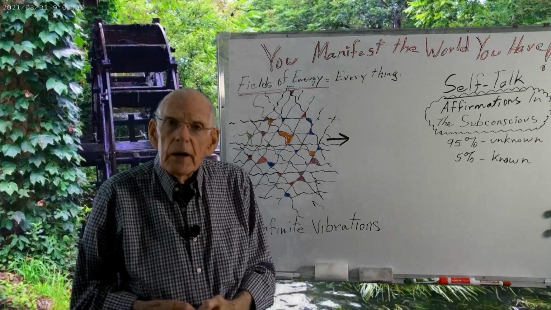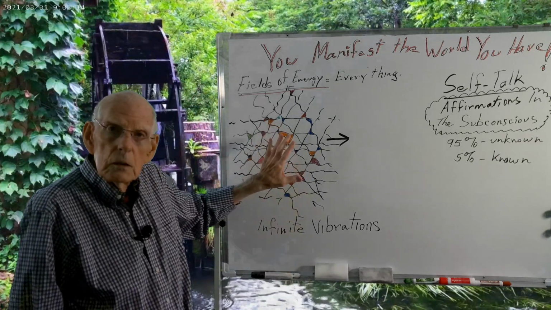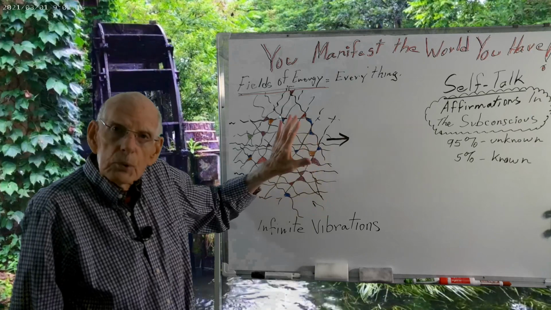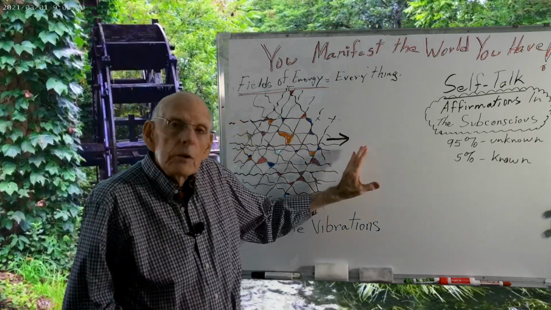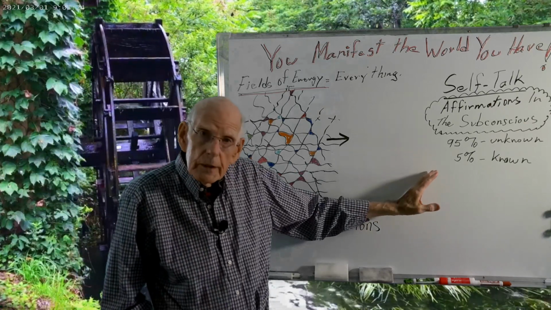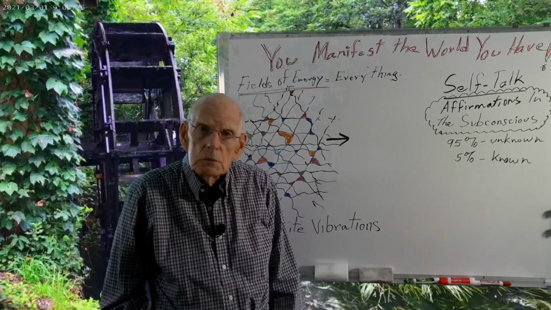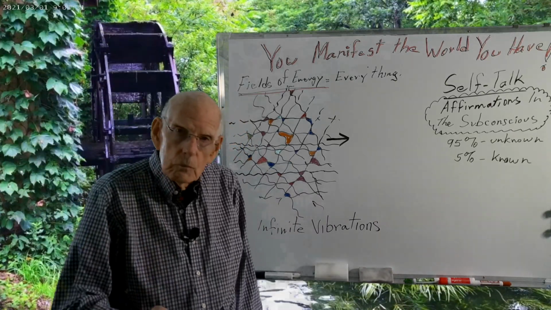The universe don't care. The universe has everything here. Everything is available to you. If you want to, through the standard model, create differently in your world, you got to change your filter system.